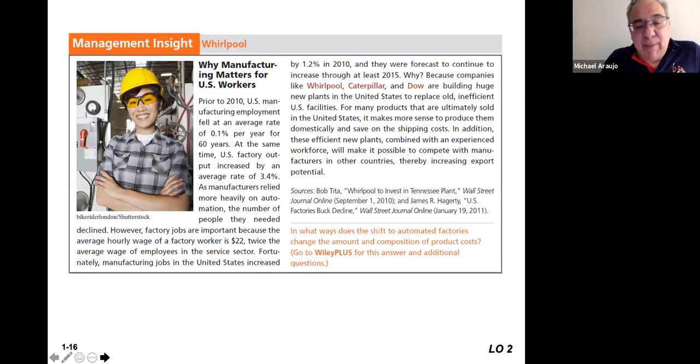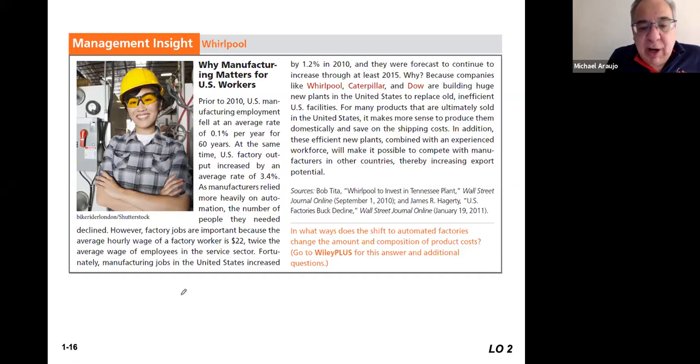Well, why? Well, as manufacturers relied more heavily on automation, the number of people that they needed declined. However, factory jobs are very important because the average factory worker makes $22 an hour, which is twice the average for the service sector. Okay, so that's an important piece there.